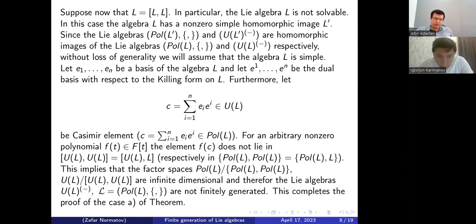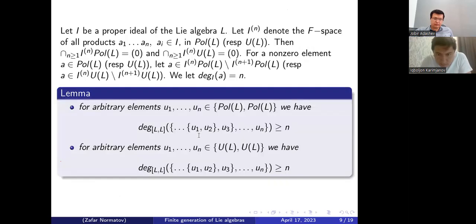Okay, next. Then the factor spaces are infinite dimensional, and therefore the Lie algebras are not finitely generated. So we should move on.